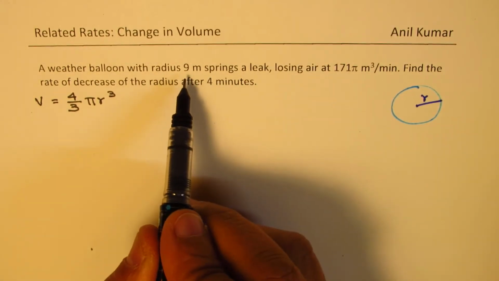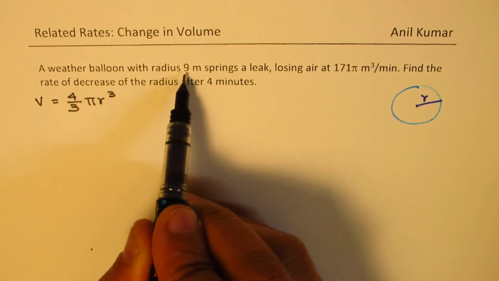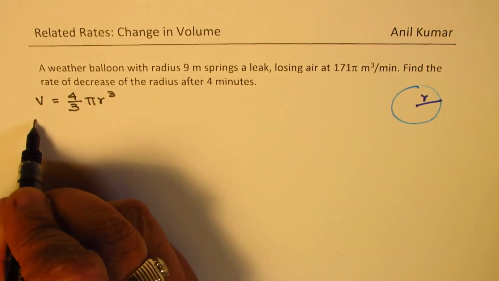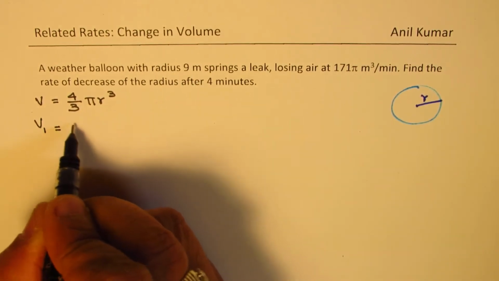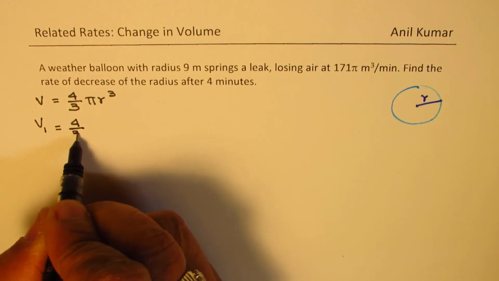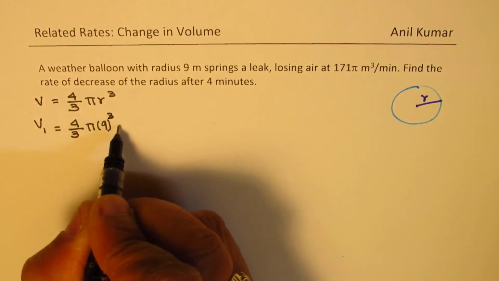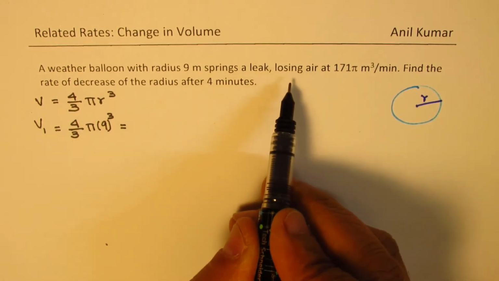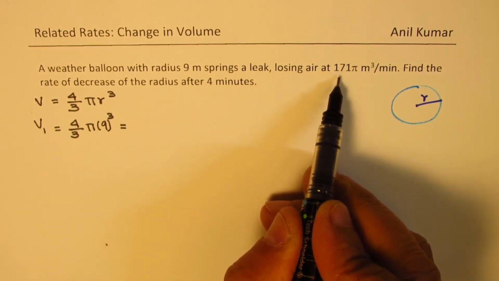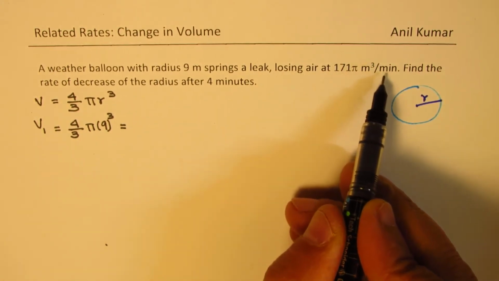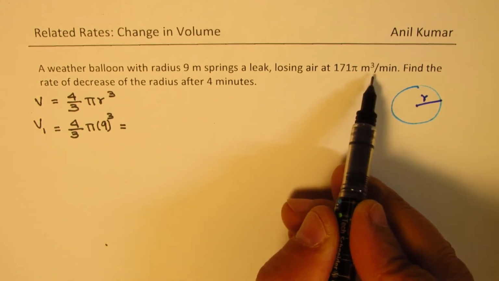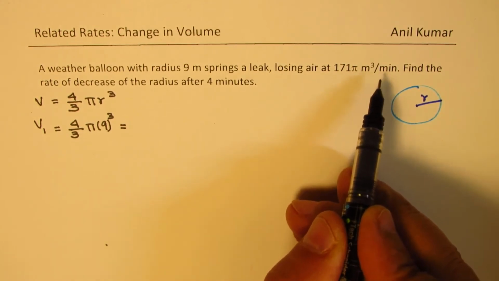So initially, the volume is with radius of 9. So we say V1, the initial volume, is 4 over 3 pi 9 cube. Right, that's the initial volume. Losing air at 171 pi meter cube per minute, so that much volume is lost every minute.